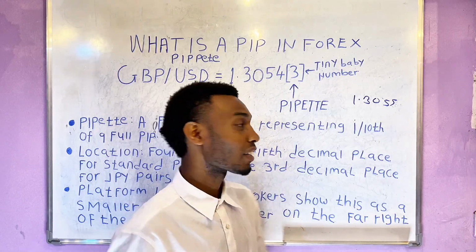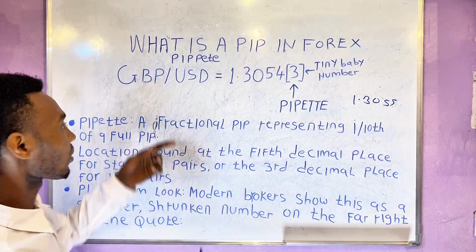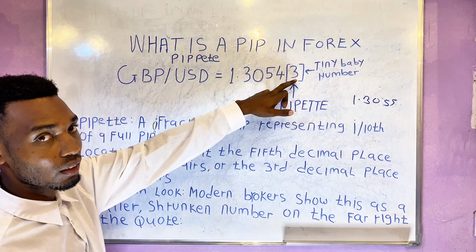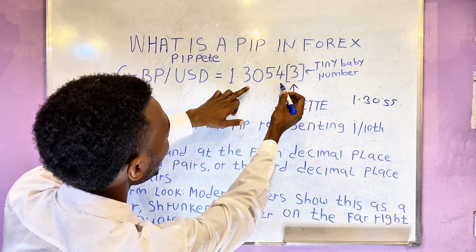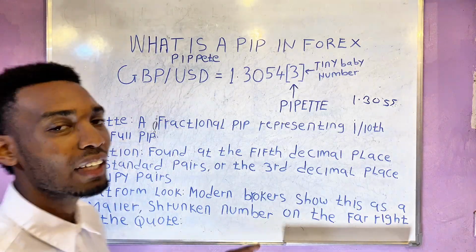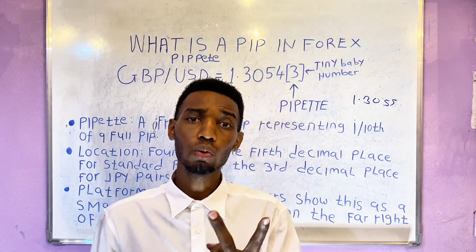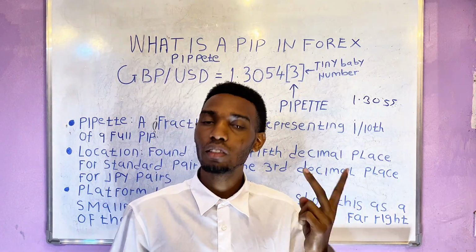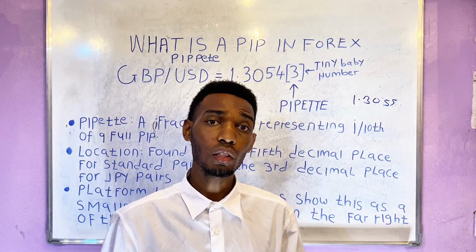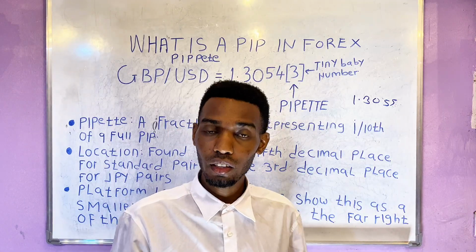It is found at the fifth decimal place for standard pairs, not like a PIP, which is found at the fourth decimal digit. For JPY, we saw that a PIP is at 2 decimal places, so 1/10 of that full PIP for JPY is at the third decimal place.